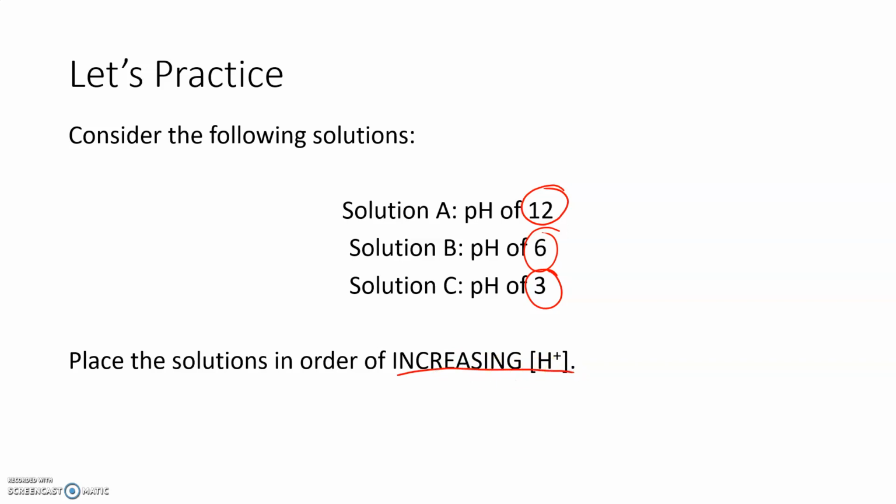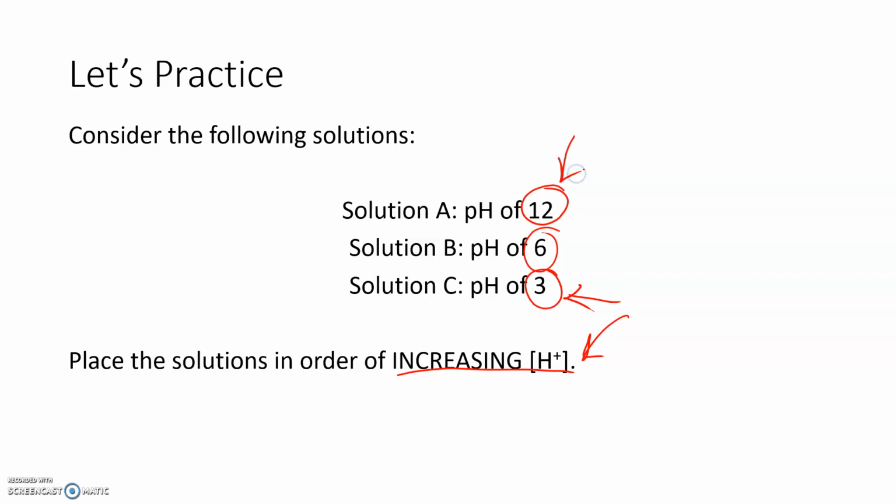If you want to pause the video for a minute and just take a second and think about it in your head, more power to you. If not, keep listening. All right, so increasing hydrogen ion concentration. As we get more hydrogen ions in solution, the pH should drop because more hydrogen ions means more acidic. This is the most acidic solution with a pH of 3.